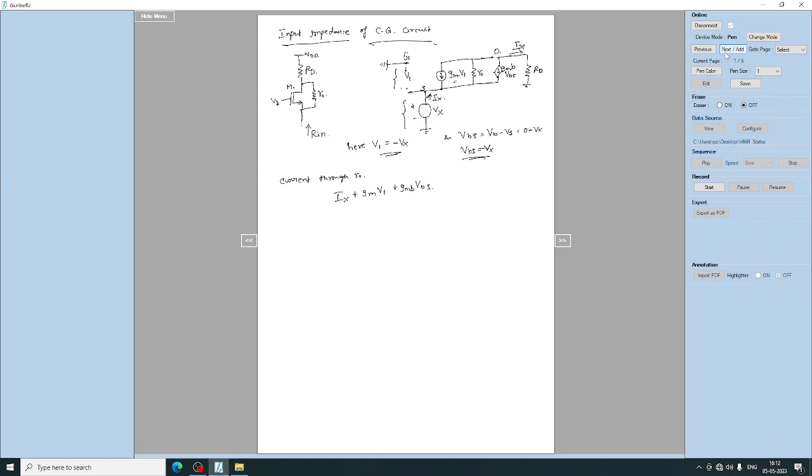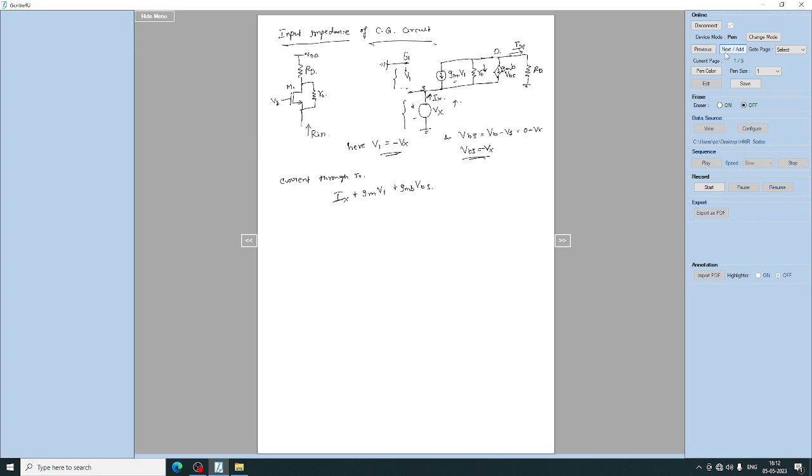All the terms will be positive because Ix is flowing upwards. The current flowing through R0 is given like this, which is opposite to that of Ix.